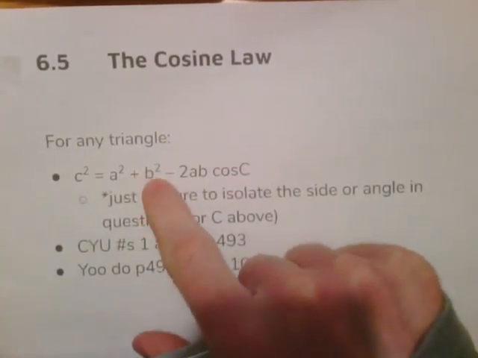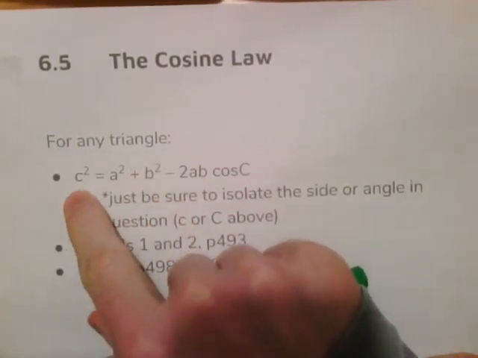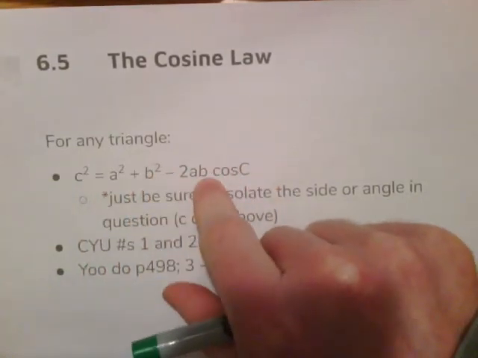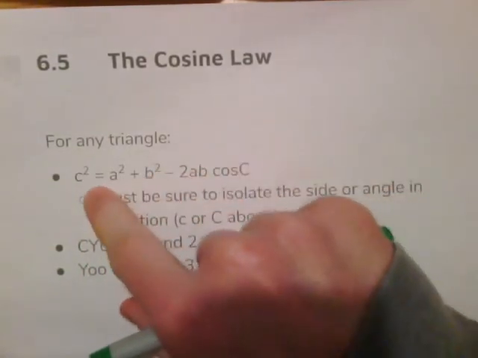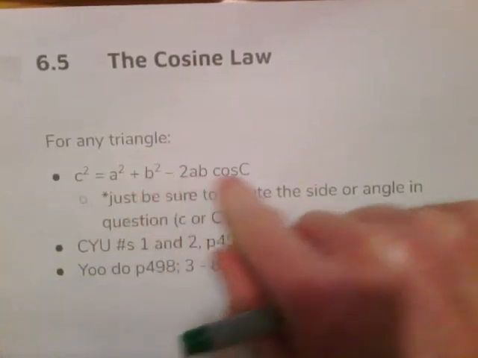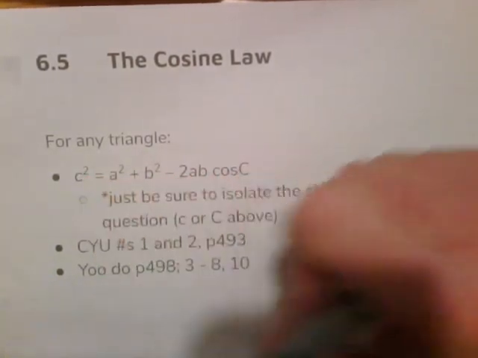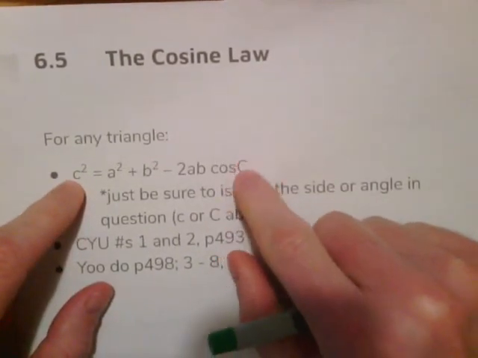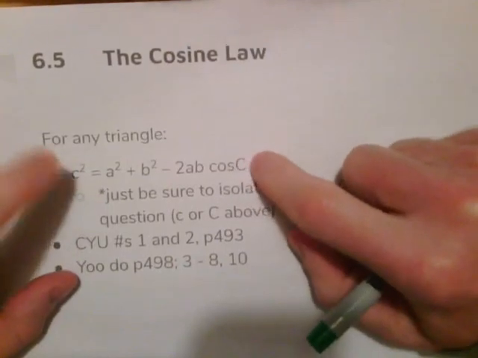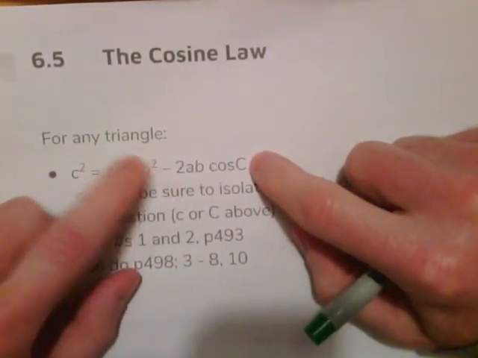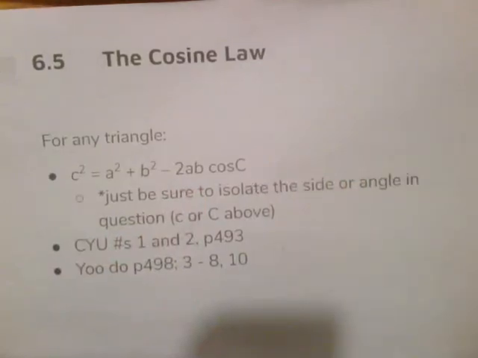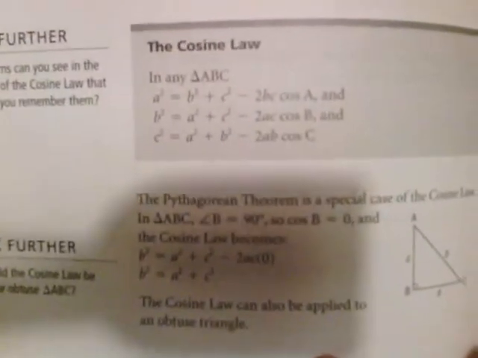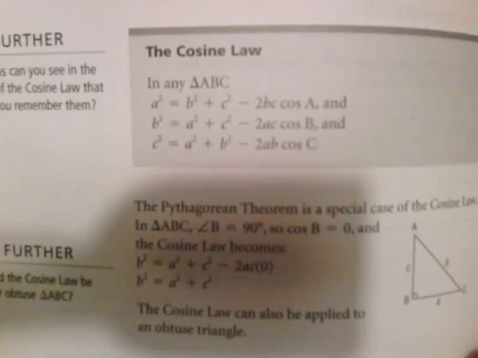The only tricky part of this, if tricky at all, is you're going to get triangles that don't say C, A, and B on them. So if it's L, P, J, or whatever, then you just have to put in those sides and the angle accordingly. The side that you want, or the angle that you want, that would be your C. The other parts would be the A and the B. Like in the textbook, it shows it three different ways, but they're all the same.